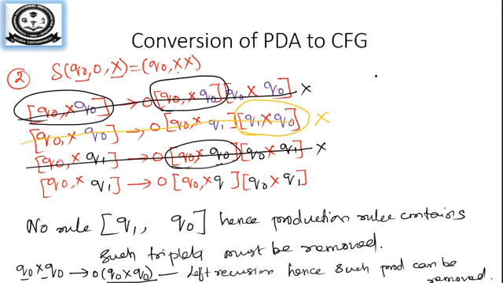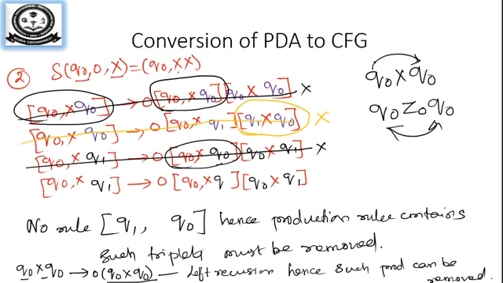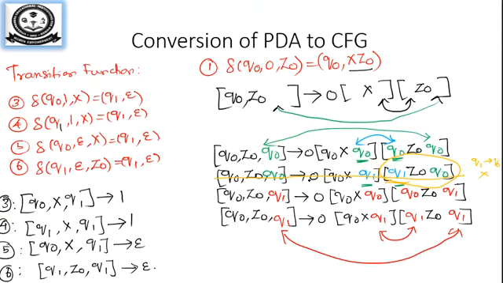If you have a production 0 x 0, or a production 0 z 0, those production rules must also be removed, because they have self transitions. It is going again and again to the same state, so you will be removing such transitions from the diagram. So only the transition available is this. Similarly, in the first state you have a production 0 x 0 here, so you will not be considering this step also.